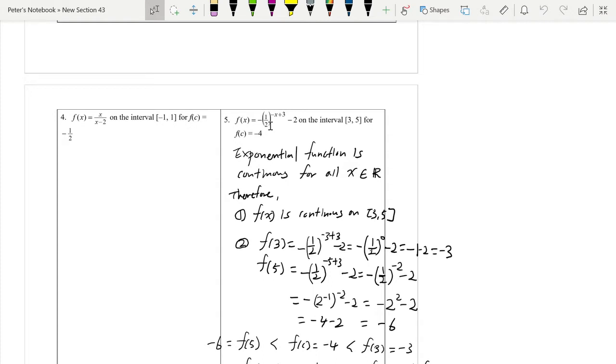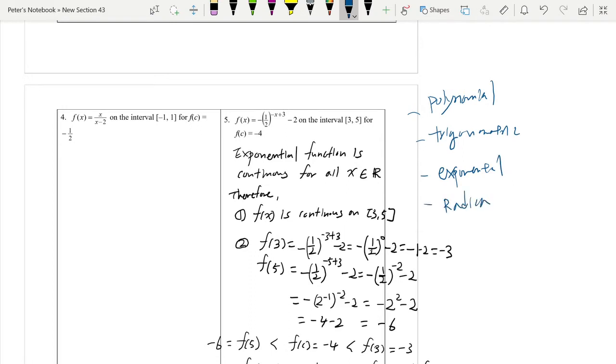Those 4 are polynomial functions, trigonometric functions, exponential functions, and radical functions.